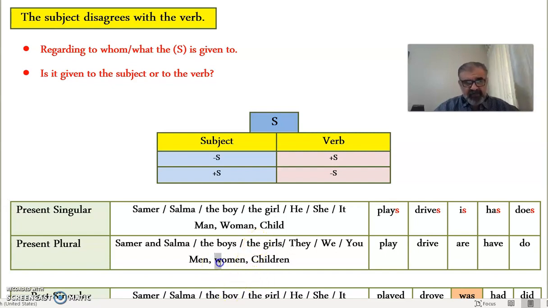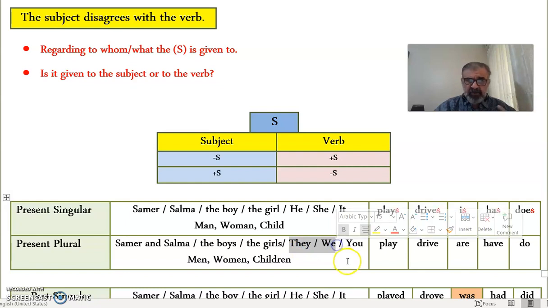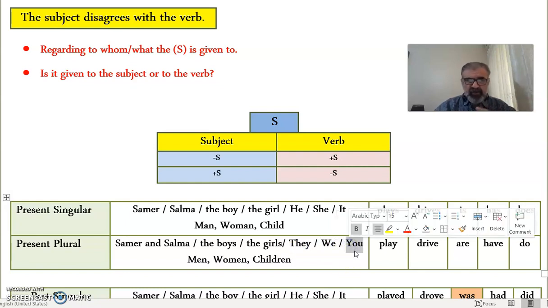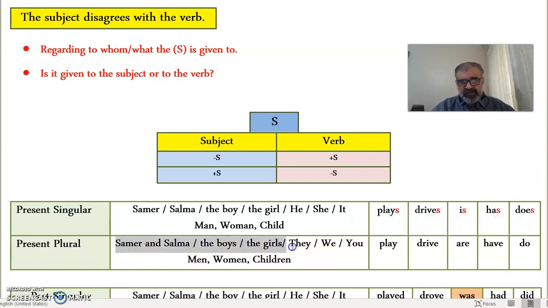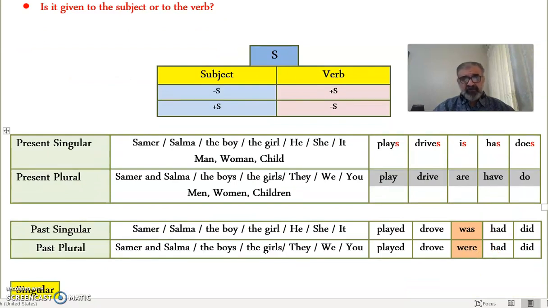All these nouns are considered plural, even though they don't contain an S at the end, because everyone knows that when we talk about they or we refer to plural, maybe with the exception of the pronoun you, but it's also dealt with as plural. So all these are plural present nouns. So their verb should not have an S, as you can see. Play, drive, are, have, and do.